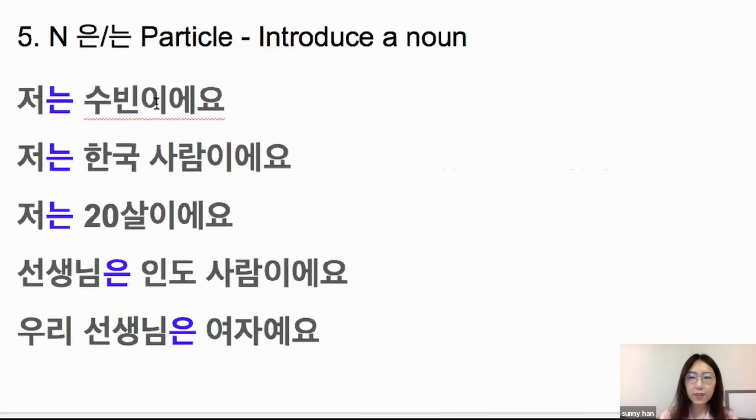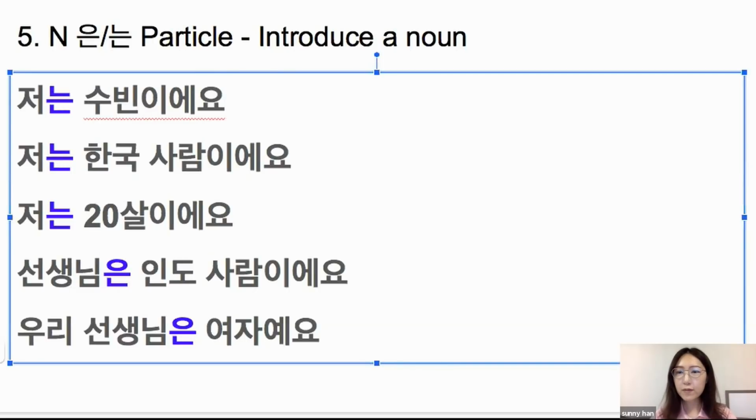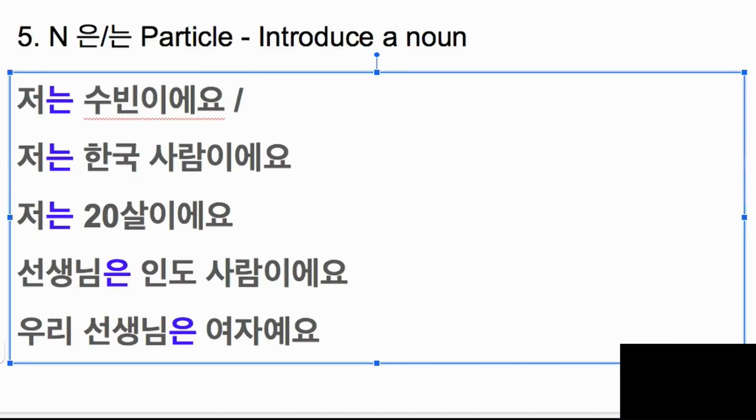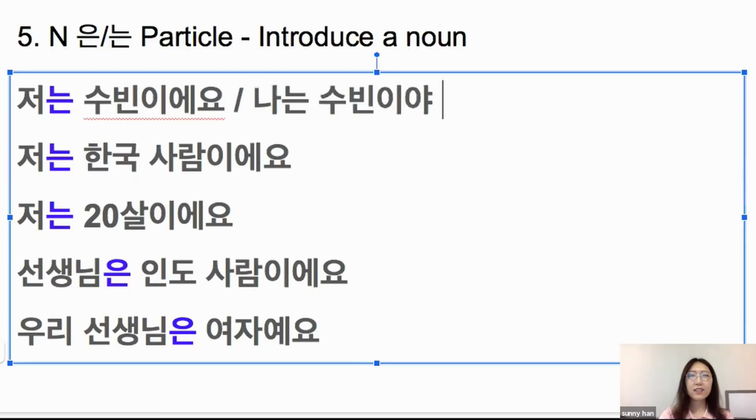Introducing yourself, a noun. I'm 수빈. 저는 수빈이에요. What about informal? 나는 수빈이야. 저는 I'm Korean.